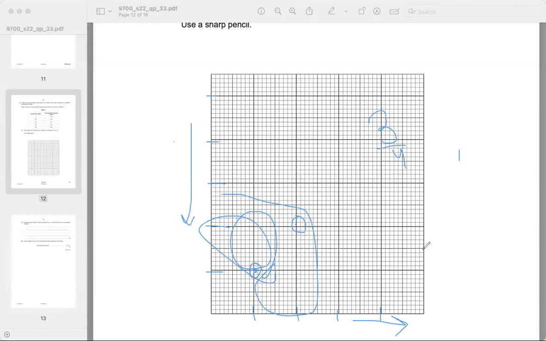And last but not least, your last step is to connect each one of these marked points, each with a dot and a circle, with a scale. If it is not mentioned as a curve, use a scale; if it is mentioned as a curve, let it be a freehand joining.